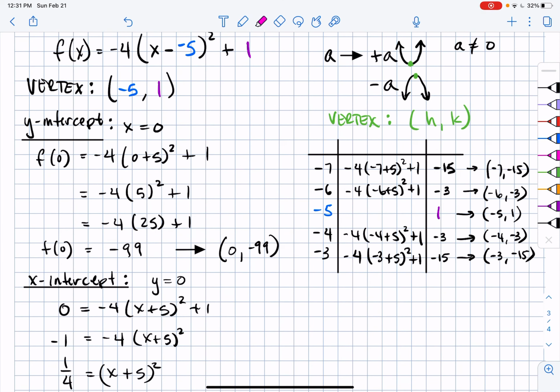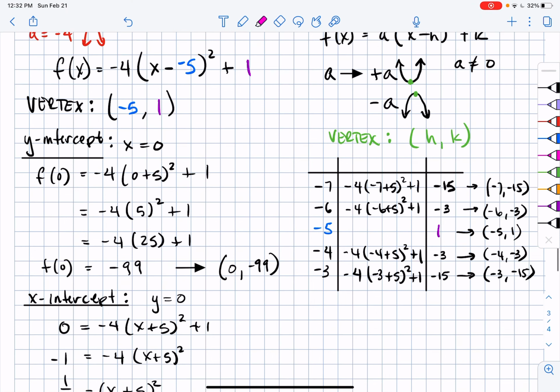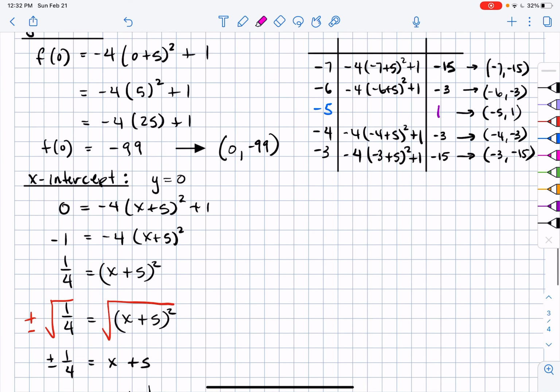But anyways, with all of that being said, if it was on the test, then with a vertex of -5, 1, you already knew exactly which graph it was. However, on the lab work, you have to make sure that you're doing what it's asking you to do. It says use the vertex and the intercepts. So I found the vertex, I found the y-intercept, I found the x-intercept.